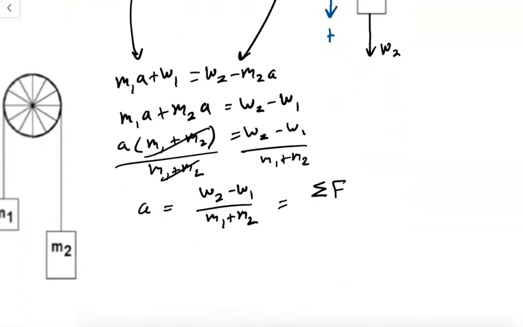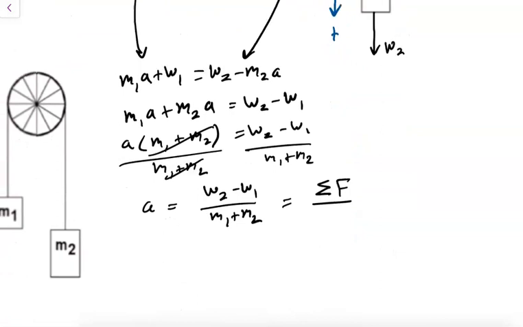And the bottom, M1 plus M2, is just the net mass. So in all Atwood machine problems, acceleration is equal to the net force divided by the net mass.